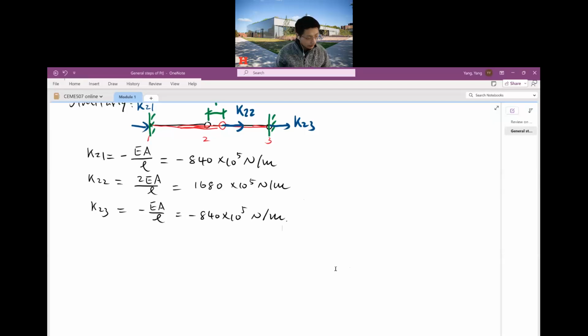Right? So similarly, we can get the values for the elements in the stiffness matrix of the third row here.